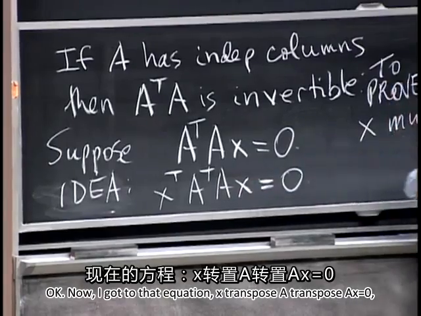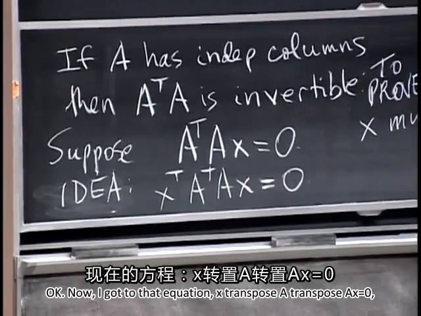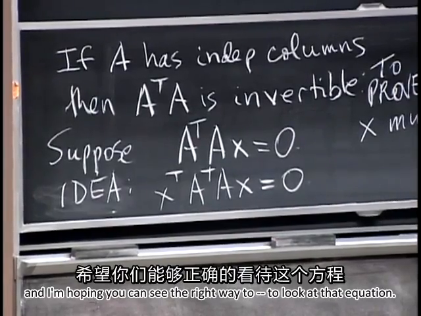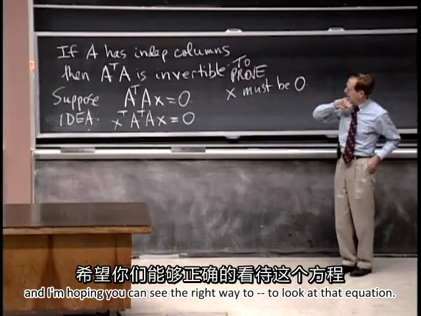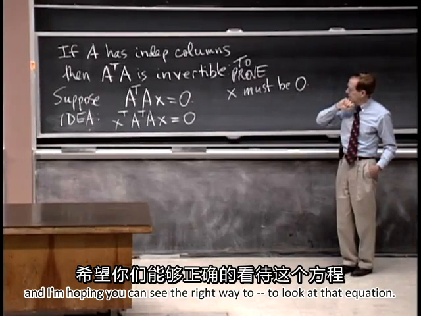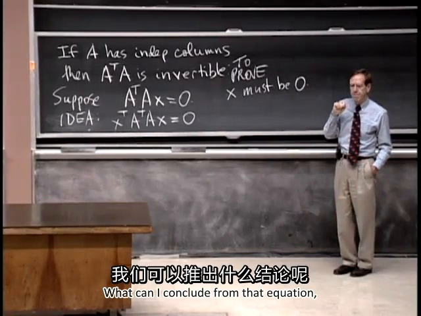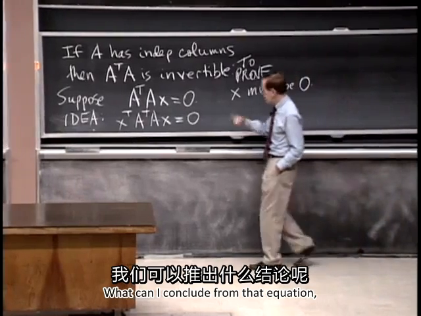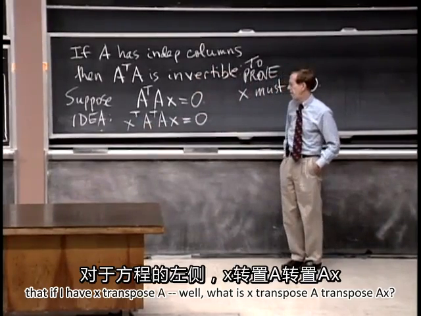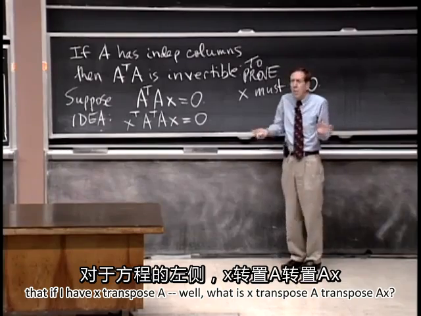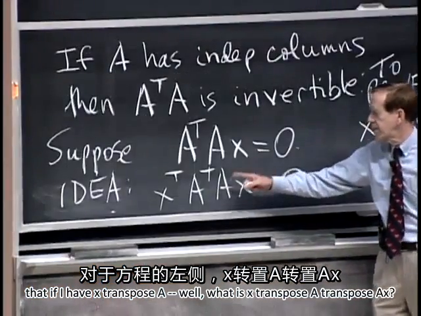I got to that equation, x transpose A x equals 0, and I'm hoping you can see the right way to look at that equation. What can I conclude from that equation? What is x transpose A x?